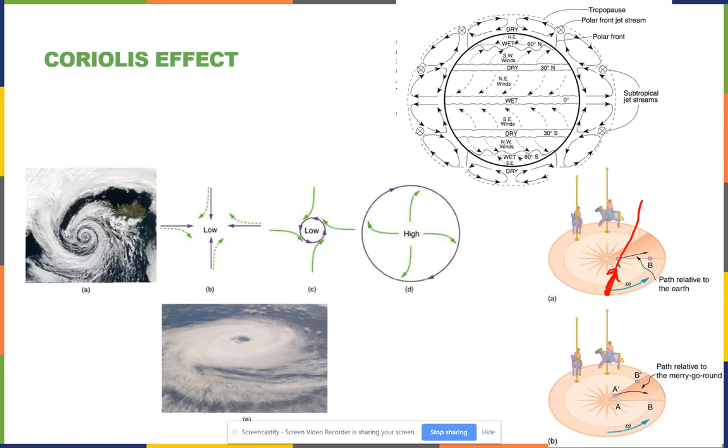Well, how does all this make any sense in regard to the weather? If you are at the equator and you throw a ball north, that's pretty much the same idea. You're throwing it north, and as it falls back to the Earth, it's going to get closer to the axis of rotation, like it's going toward the middle of the merry-go-round.